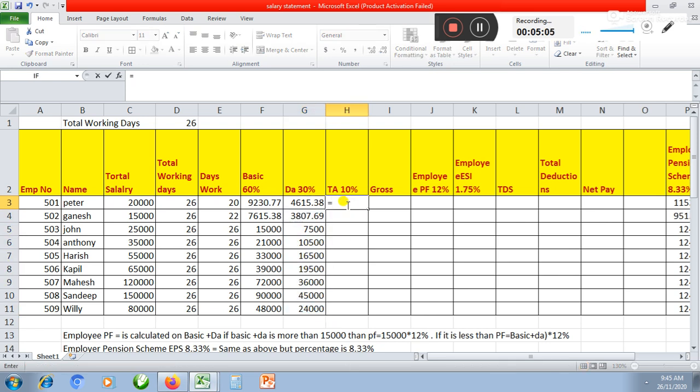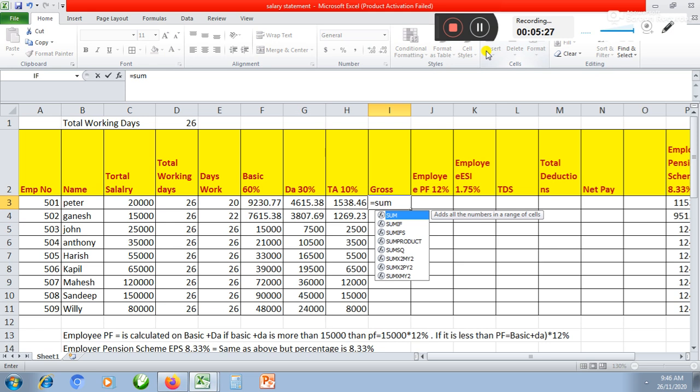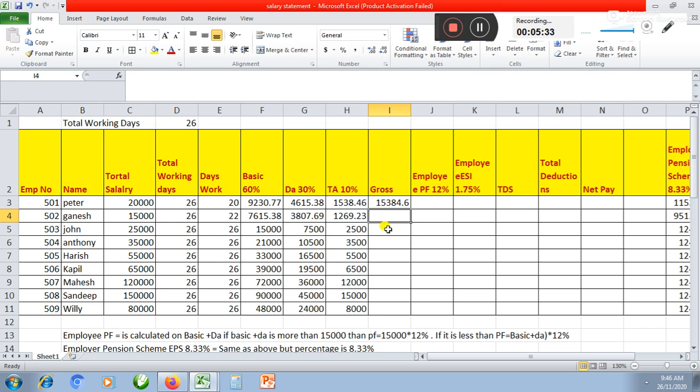Similarly 10%: this into 10% divided by total duties multiplied by number of days worked. This will give you the traveling allowances. And for gross salary, I will add basic, DA and TA. So I'll use a sum function: equal to sum in bracket, highlight all this, close the bracket, press enter. So this is the total of all this. That means out of 20,000, he will get a salary of 15,380.6.